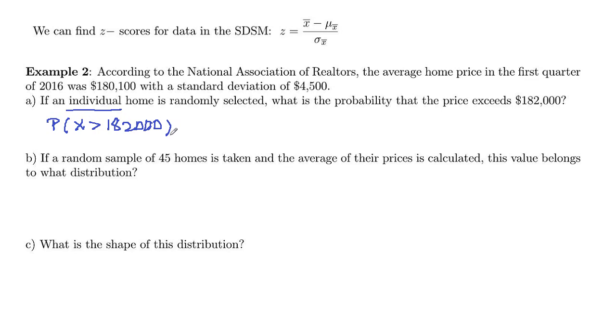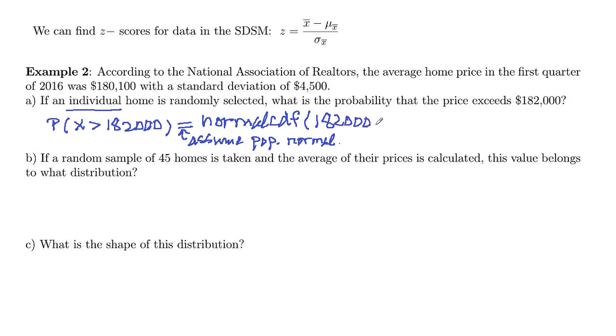So, if we know the population is normal, I have to make that assumption. Assuming the population is normal, then we can use normal CDF. So this will be normal CDF, and then our lower bound, 182,000.